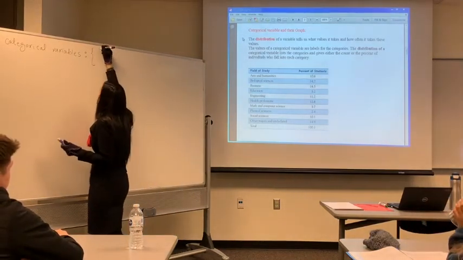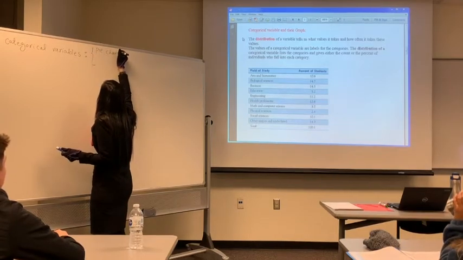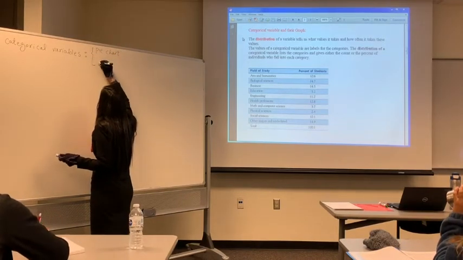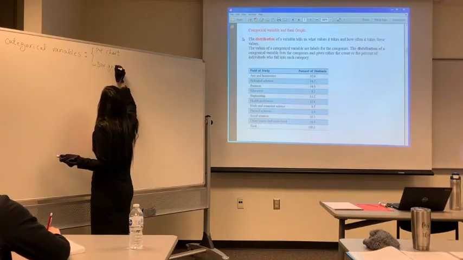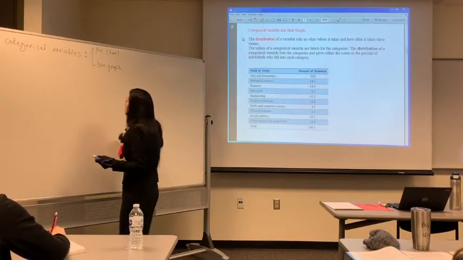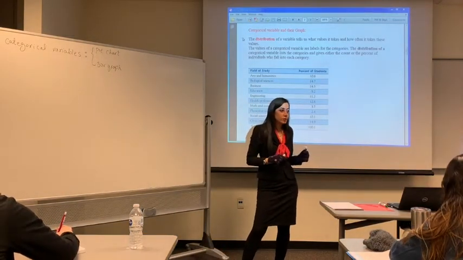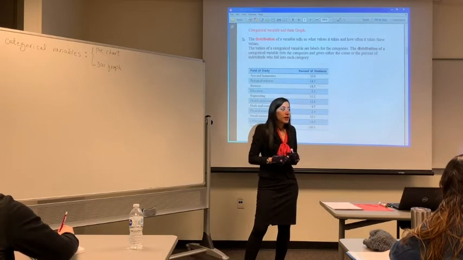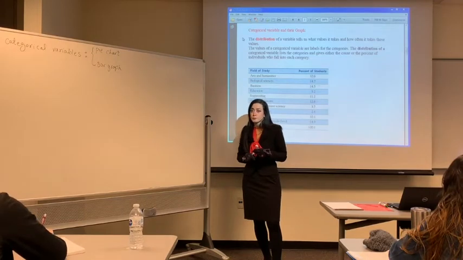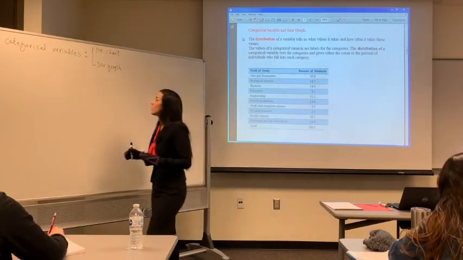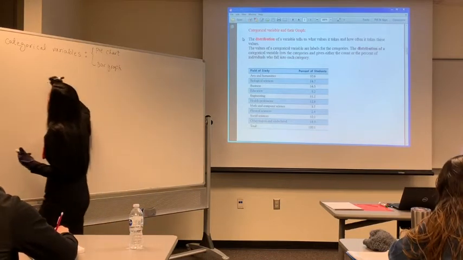In our class, we are going to learn about the pie chart and the bar graph or bar chart. These two are specifically for categorical variables. We cannot use these two graphs for a numerical variable. Later you will understand why we cannot use, for example, a pie chart for a numerical variable.